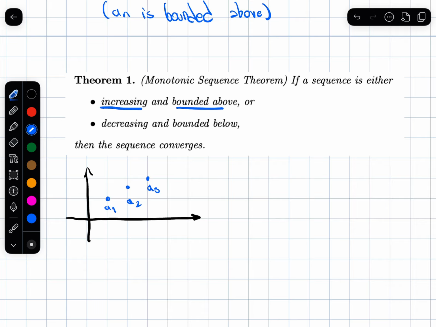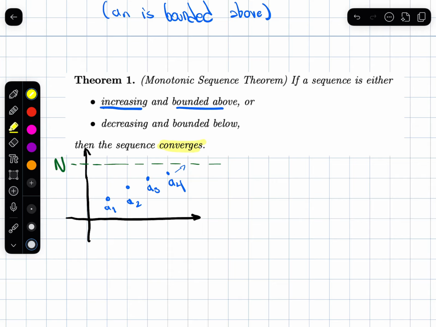It keeps going up, so it's increasing. But let's say also that it's bounded above. So there is this number at the top, maybe call it n, that the sequence can never cross. It needs to keep going up, but it has a height that it can never cross. So it's got no choice but to converge.